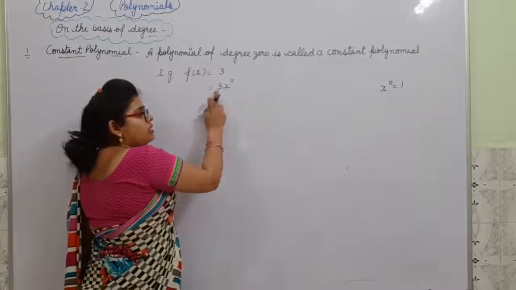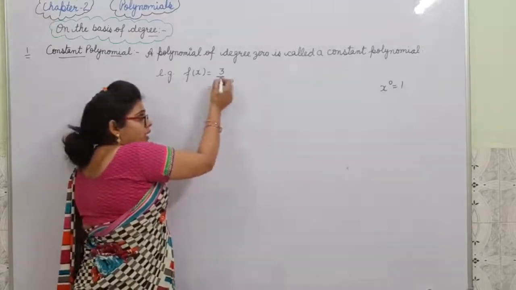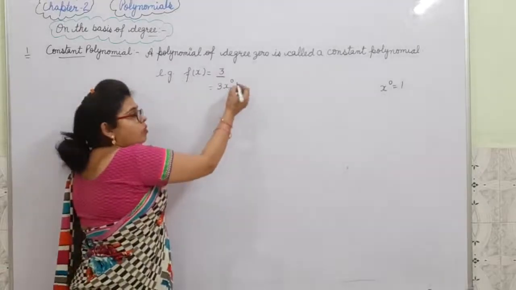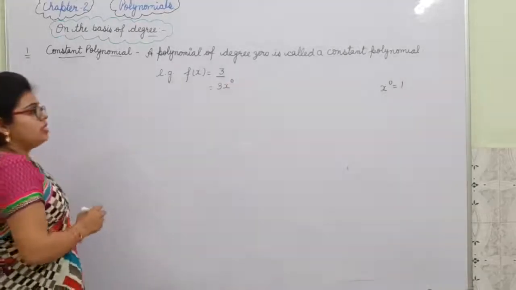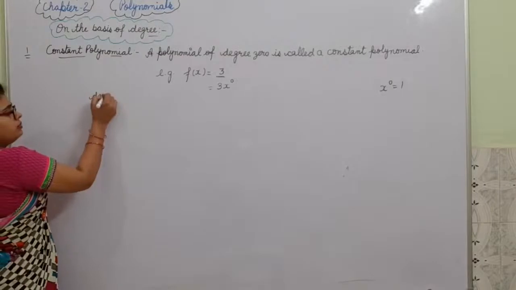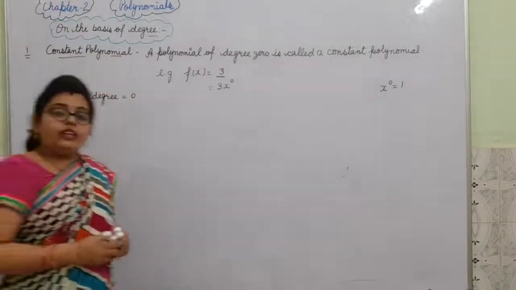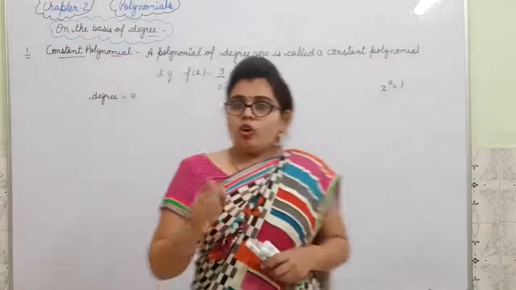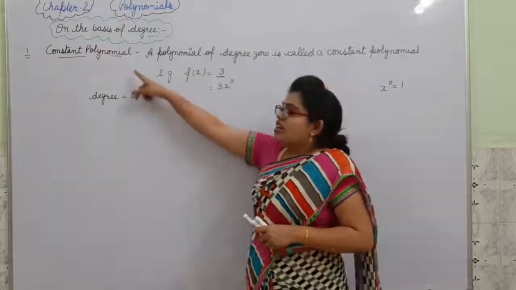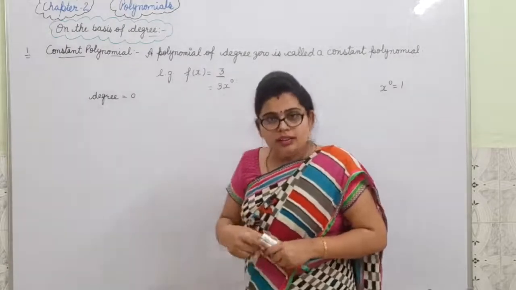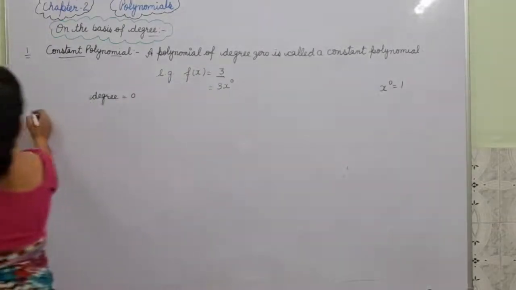It is a constant polynomial, and its degree is 0. Or we can say that any polynomial whose degree is 0 is called a constant polynomial. Clear?